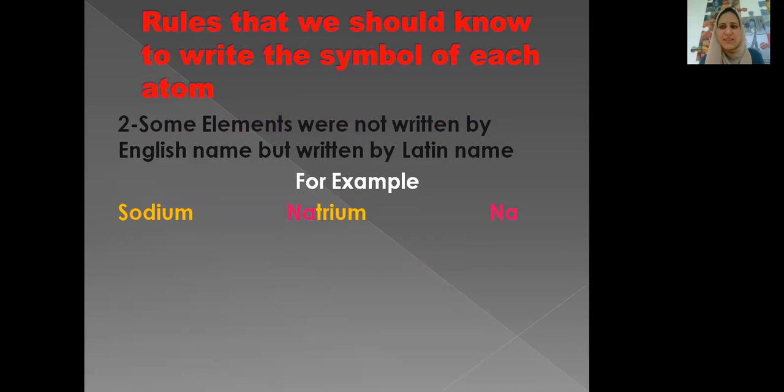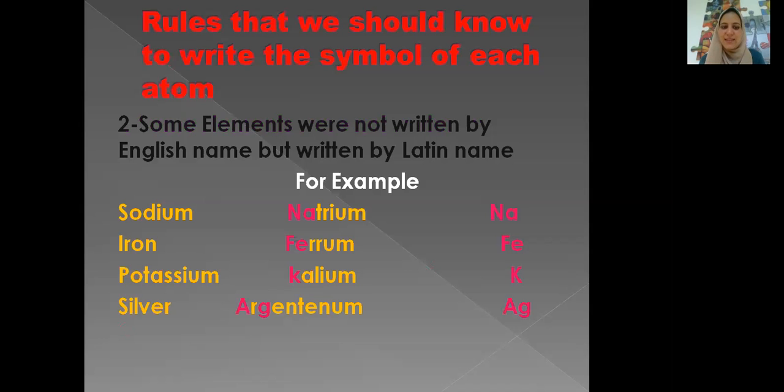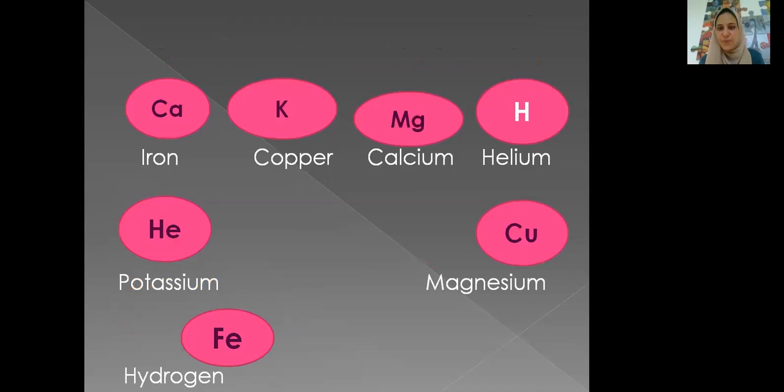So some elements have a Latin name, and the symbol comes from the Latin name, not the English name. And another one, iron, is ferrium. So they are irregular elements, whose symbols come from the Latin name, not the English name. Iron, ferrium, Fe: the first one F capital and e small. Potassium, kalium, so it's K. Silver, argentum, Ag. Copper, cuprum, Cu.